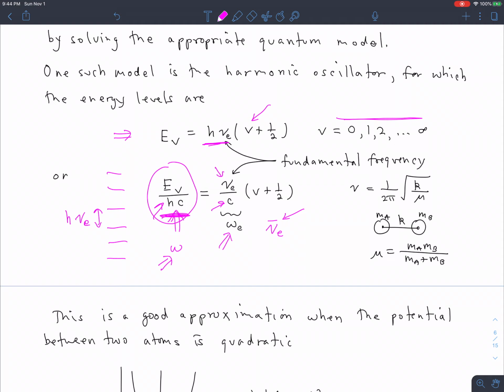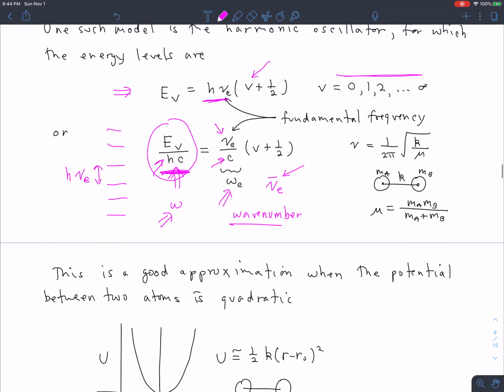So all these omegas are wave number quantities, and I'll talk more about what a wave number is for those of you who might find that useful next week. I don't want to get distracted with that detail right now, but the important thing is that it's proportional to energy.